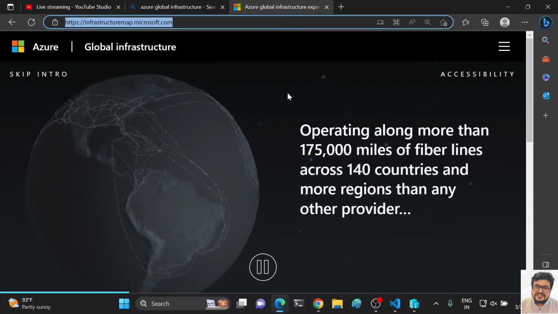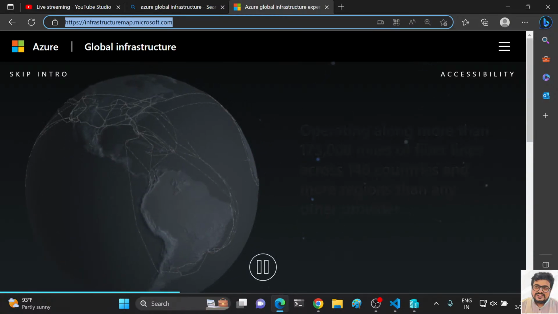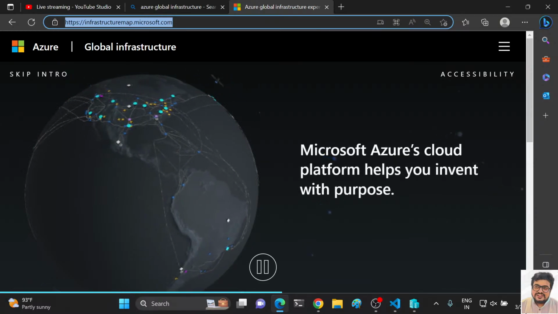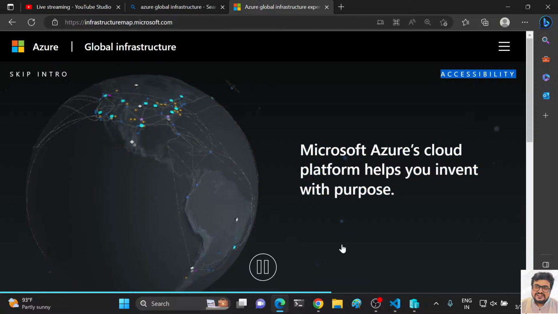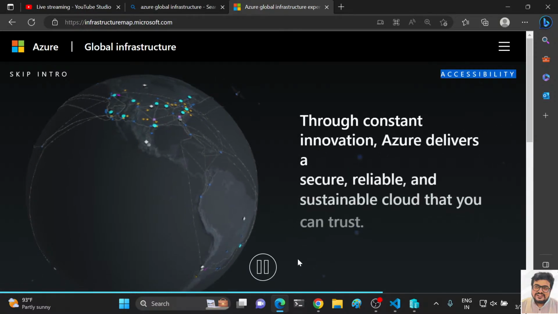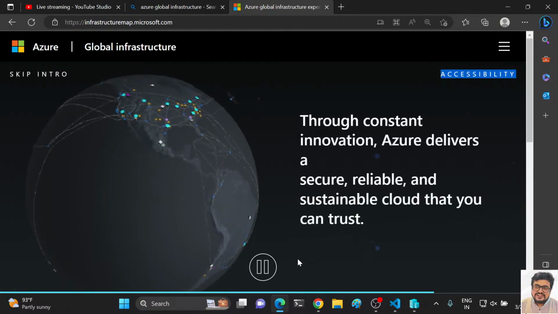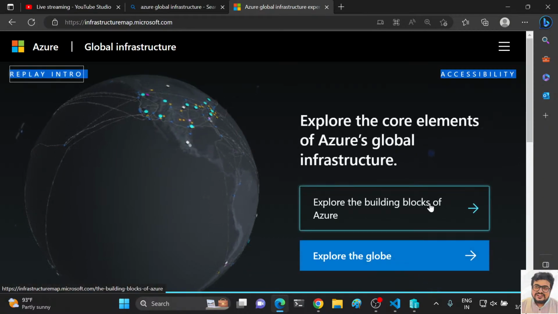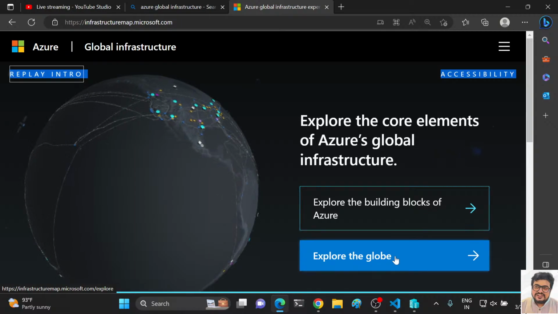So all of us can go through this website and then play around with what Microsoft is doing with respect to Azure. So are you seeing this? Okay, I can click on skip intro. Okay. Let me try to click on this. Explore the globe.